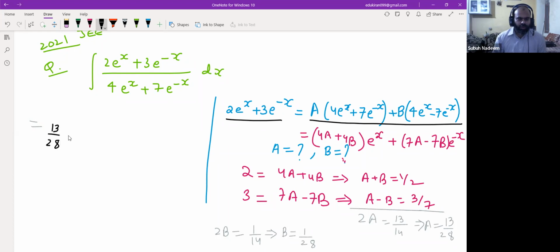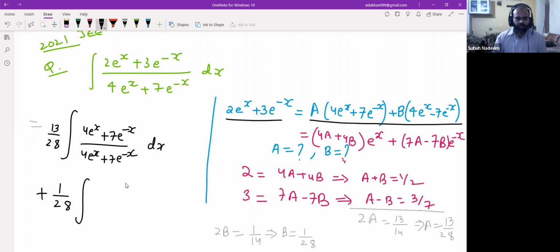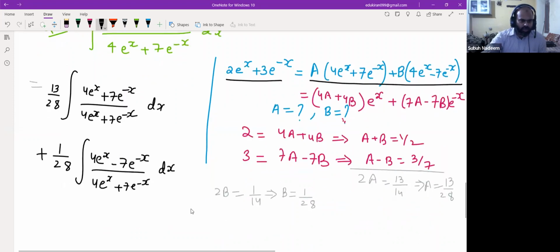So 13 by 28 integral of (4e to the power x plus 7e to the power minus x) by (4e to the power x plus 7e to the power minus x) dx plus b is 1 by 28 integral of (4e to the power x minus 7e to the power minus x) by (4e to the power x plus 7e to the power minus x) dx. So this is how you will write it.